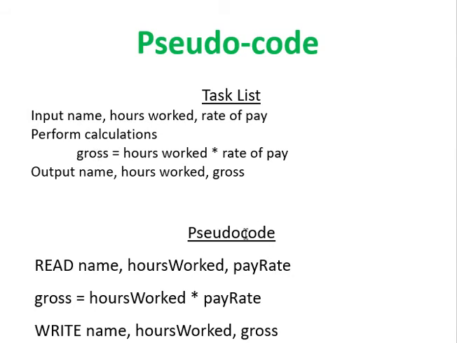Okay, the pseudocode we write is like this: Read name. What is the input? Read name and pay rate. Gross, similarly, the rule or formula applies. After that, once it reads the statement, then Write, meaning print out, write name and gross.